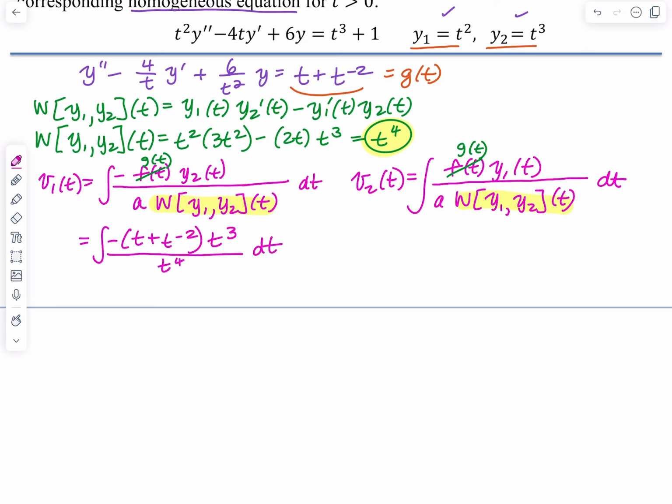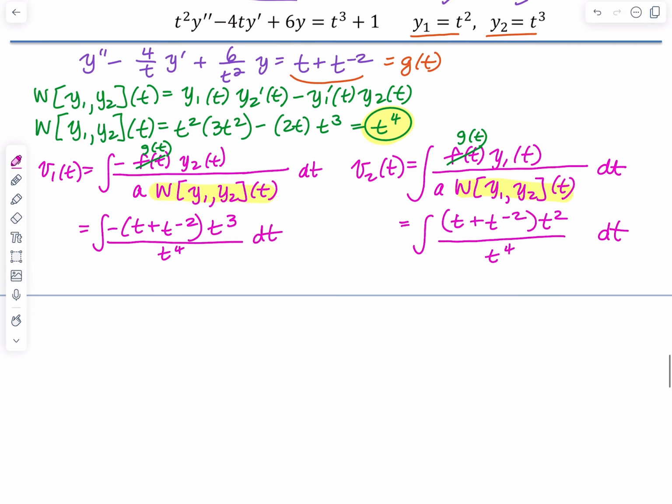Let's go ahead and do that side by side here. We're just going to have g of t, which is t plus t to the negative 2, and we're going to multiply by y1, which is t squared, and divide by that Wronskian, which is t to the fourth. Okay? And so now we can simplify those a little bit.